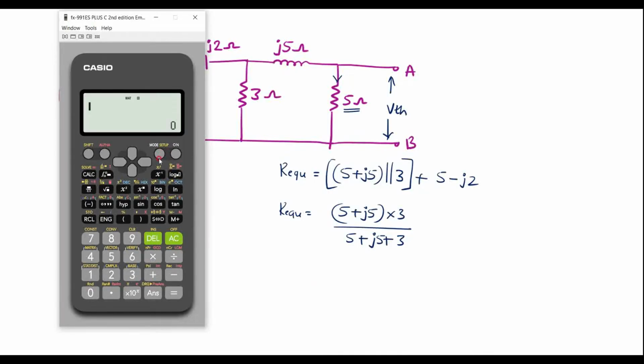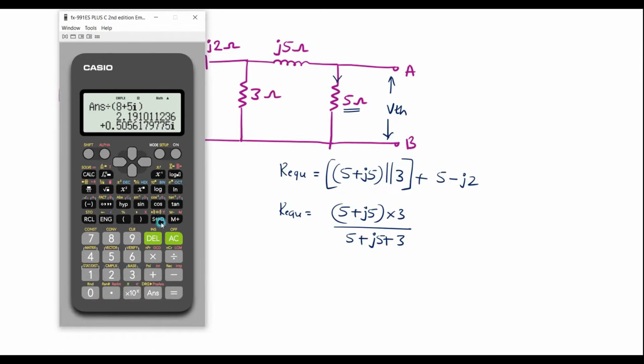Keep the calculator in complex mode. Choose option 2. Now let me calculate 5 plus J5, that is 5 plus 5i, into 3, divided by, here we have 5 plus 3 is 8, 8 plus J5, that is 8 plus 5i. Let me calculate this.